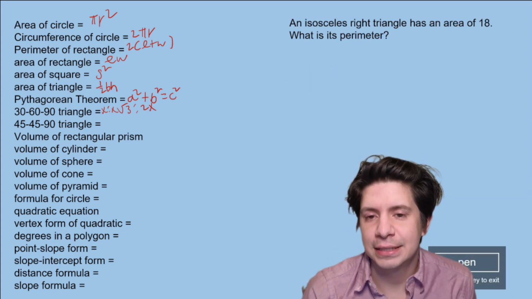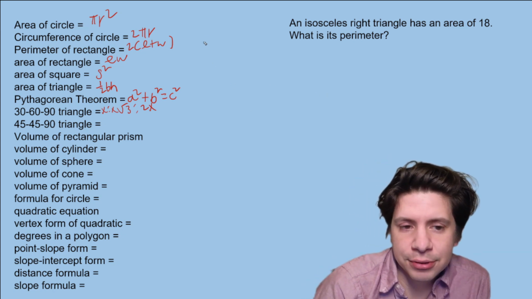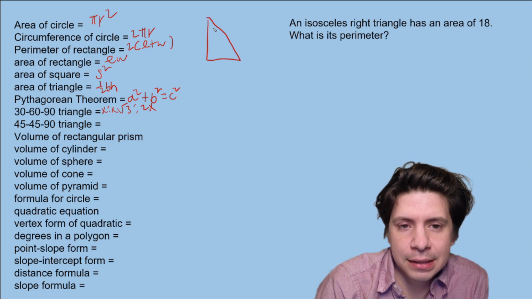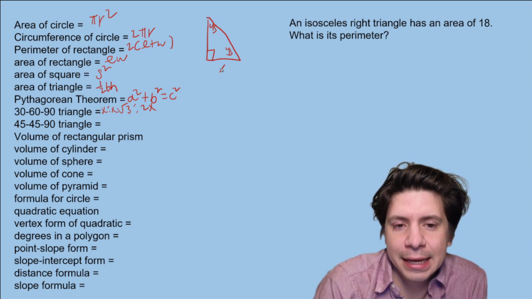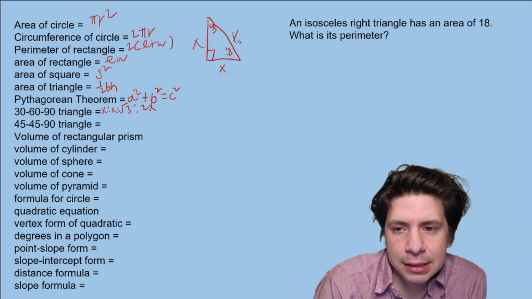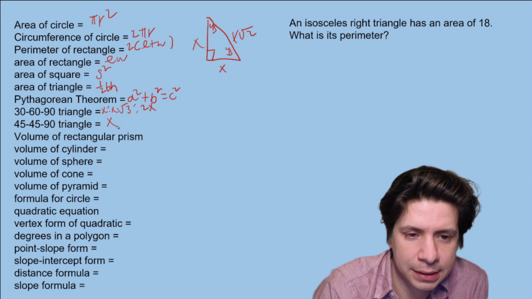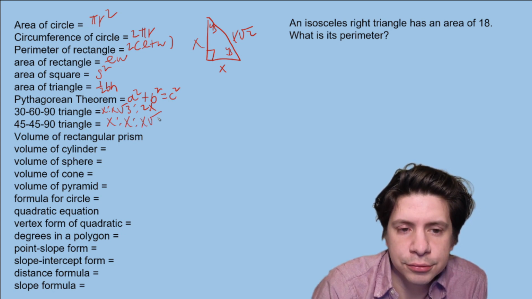So here we have an isosceles right triangle that has an area of 18. What is its perimeter? So an isosceles right triangle, right, we have a 45, 45, 90, because isosceles means two sides are the same, so the legs are the same here. And that gives us x, x, x root 2. So it would be x colon x colon x root 2.